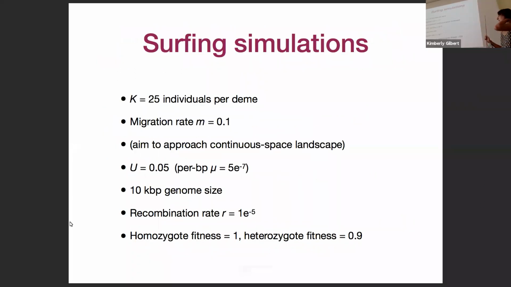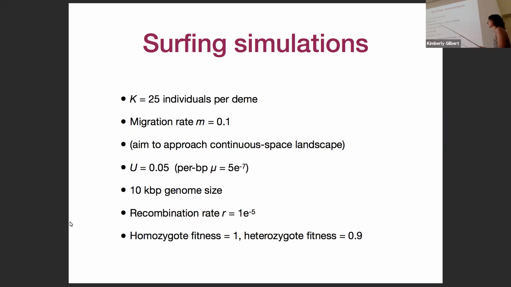Okay, so for those of you who are interested, these are the parameters in this first set of simulations. We have a quite small deme size, so 25 individuals per deme in each of these 250 demes across the whole landscape, and a decent migration rate of 0.1. This was getting us somewhat close to a continuous space landscape because of this small population size.